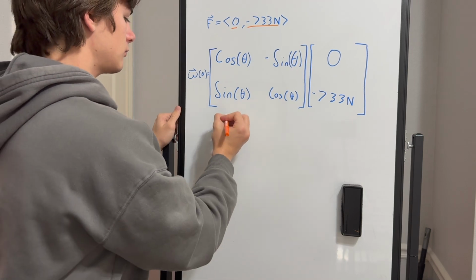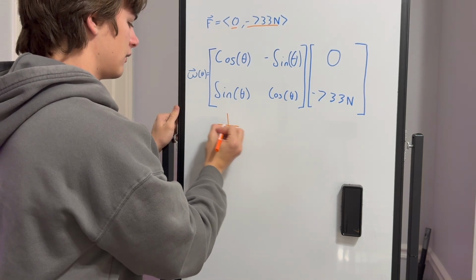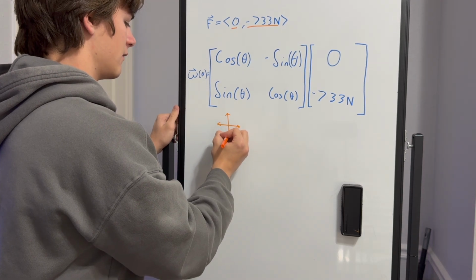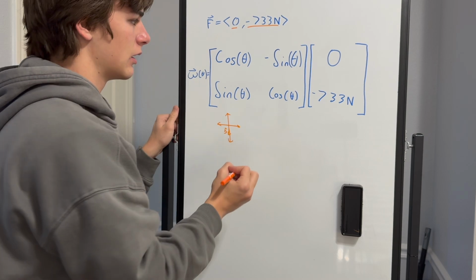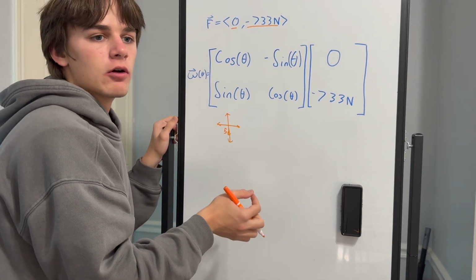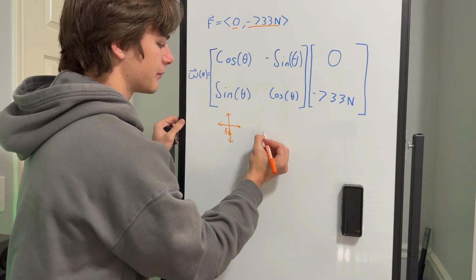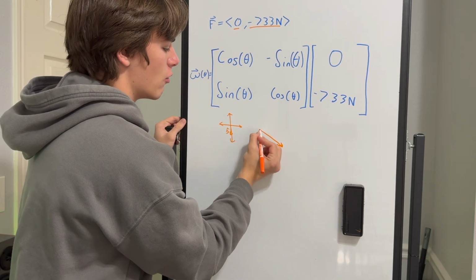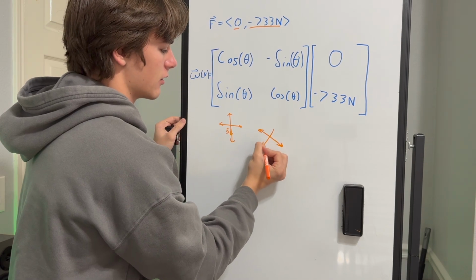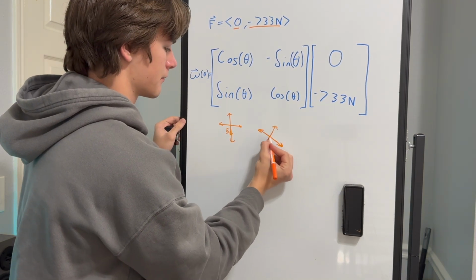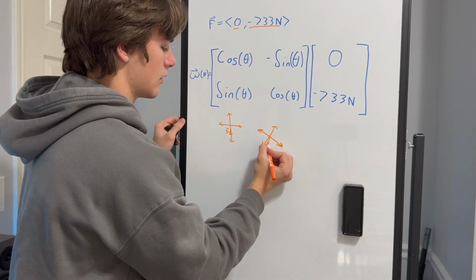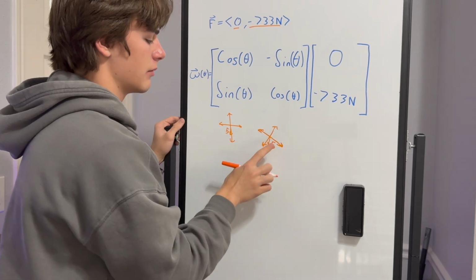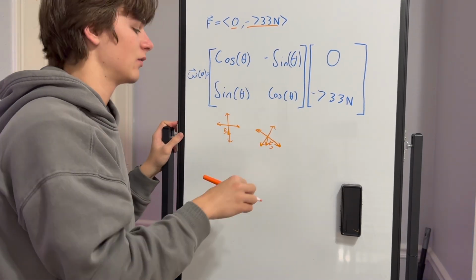Now, normally this is our coordinate plane, right? And I have my F of g just going down like this. But if I want to go negative, instead, I can actually rotate my whole entire coordinate plane right here and keep my force of gravity facing the same way.